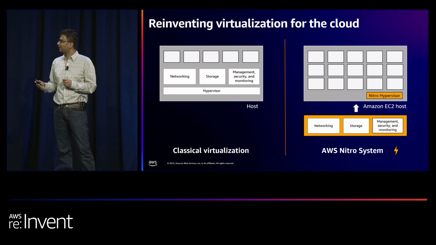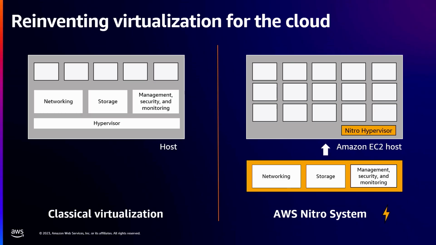To understand that, I want you to look at this slide. You would see a classic virtualization diagram. It's a diagram of a host. The square boxes in the host are where the customer instances are living. And then you would see that networking, storage, management, security, and monitoring functions, along with the hypervisor, are there in the host itself.